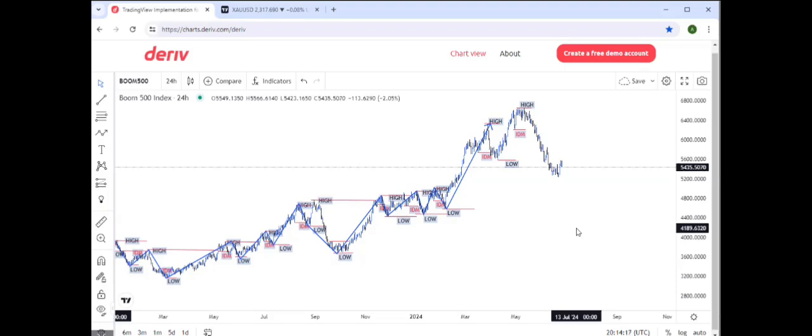So this is a bit complex. It's more than the normal orthodox kind of structure mapping. Do you understand what I'm saying? Yes, sir. So you have to take your time to study it. And that's why I brought it to the chart, so that you can see it from the chart. If you have not really trained yourself to see it, you struggle a lot.